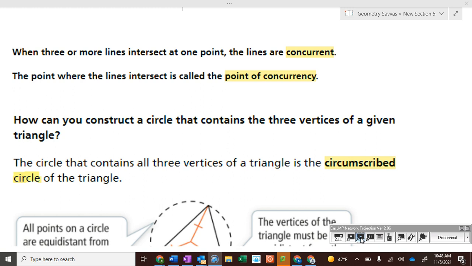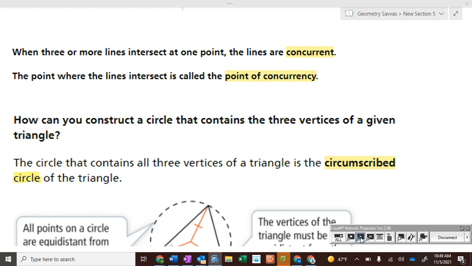Okay, so where three lines come together, the lines are said to be concurrent with each other. The point where they come together is the point of concurrency, and we're going to have 4 points of concurrency this chapter. Circumcenter, which is the center of a circumscribed circle, the circle that goes outside a triangle. An incenter, which is the center of an inscribed circle, a circle that touches each side of a triangle.